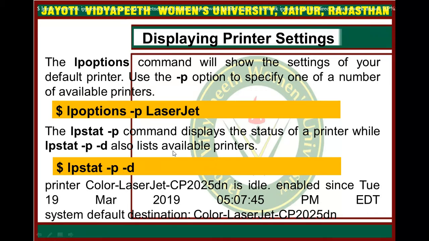So if you want to know the list of available printers, then you have to type this. The printer color laserjet is idle, enabled since Tuesday, March 2019 at this time. So this is the information regarding when this default printer was set, or you can say installed.